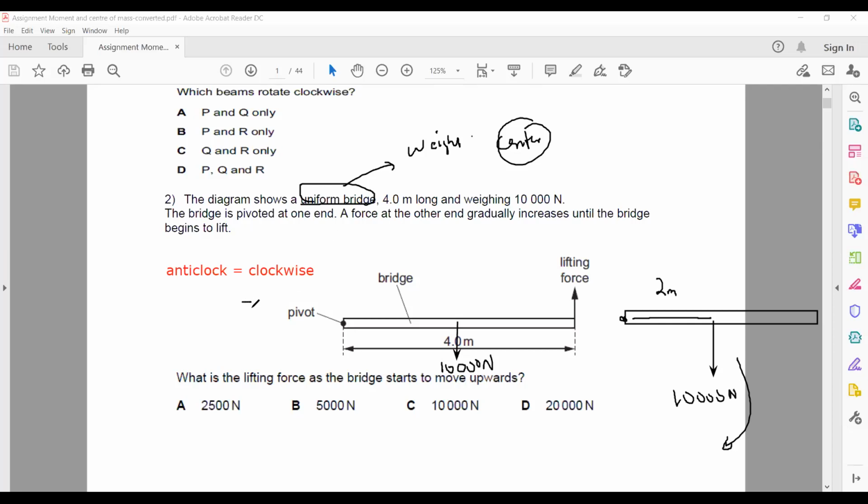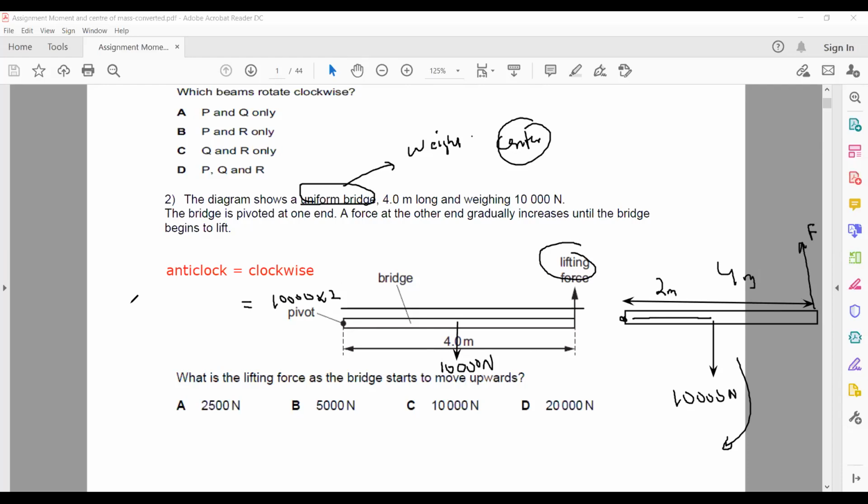So what is the clockwise moment? It will be 10,000 multiplied by 2. Now what is the anti-clockwise moment? A lifting force, say F, and the distance from the pivot. What is the distance from the pivot for this force? The distance from the pivot is equal to 4 because the total length of the bridge is 4.